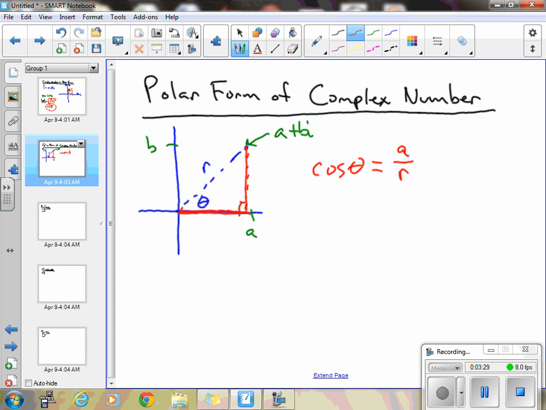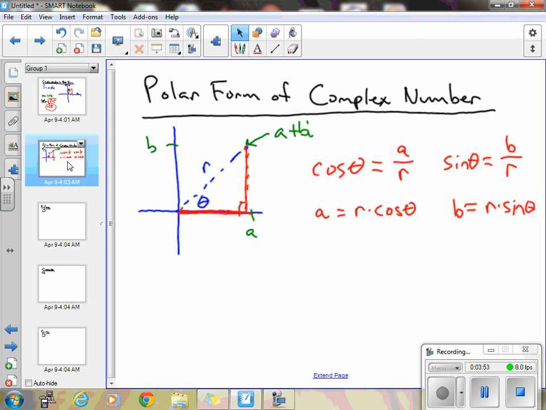That will lead us to representing a as r times the cosine of theta. We've seen this before. And we also know that the sine of theta would be the b value divided by r, which would lead us to b is equal to r times the sine of theta.